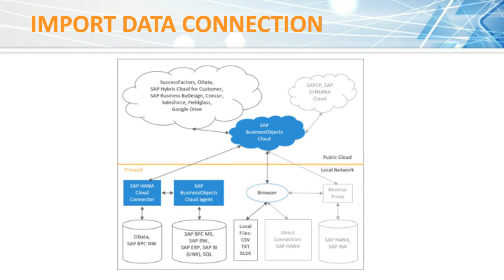I have it set up in my computer here, and you have to install this component, the HANA Cloud Connector, and another component called Cloud Agent. And these work like a secure channel, a secure connection, so you can query information from an on-premise application or database right from your BOC account in the cloud.